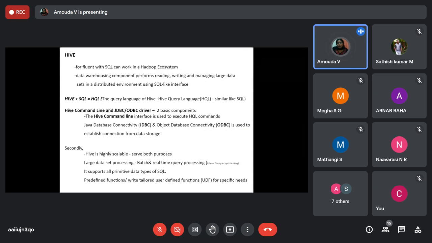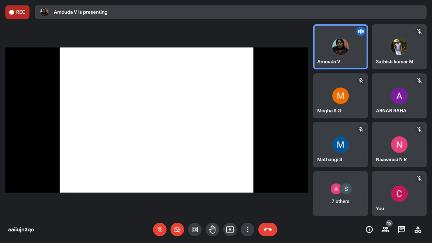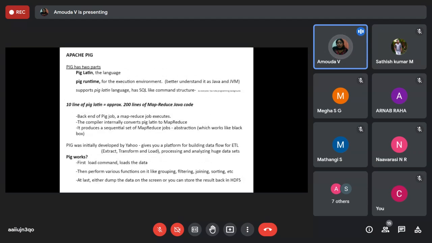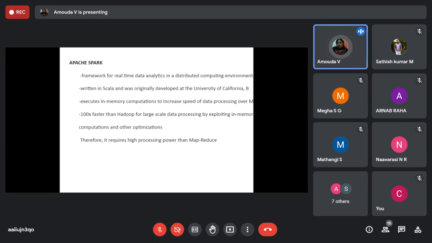For Hive also you should know SQL. In Hadoop we say it is HQL instead of SQL. Hive is the other component. That's all. So we have many things. We have some UZ, many modules are there for execution and analysis.